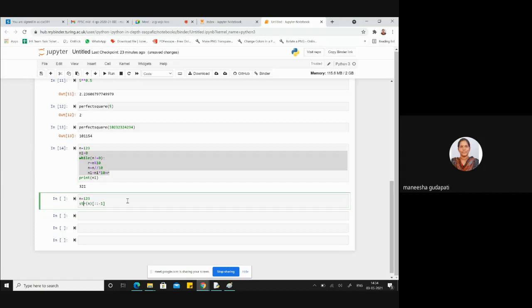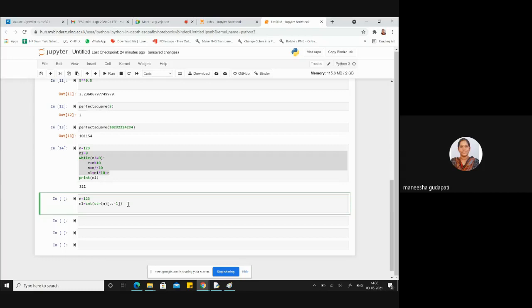Next, for this you can apply int of it. I don't know whether it works or not, just make a try. Just print n1.